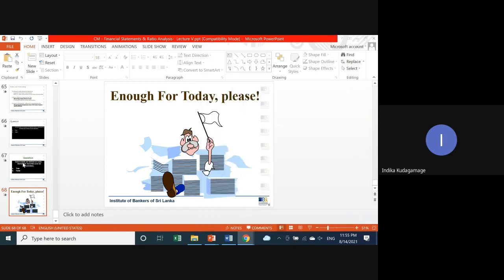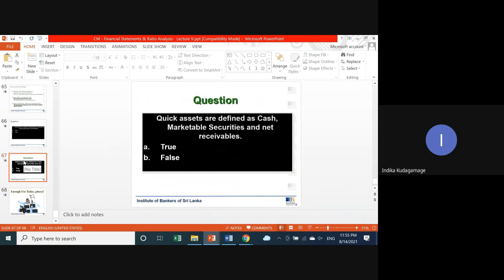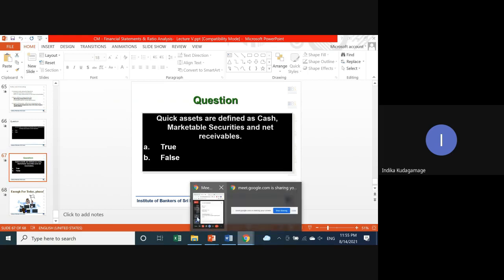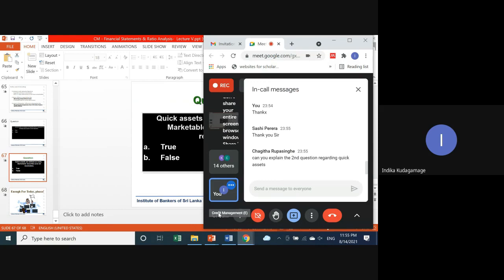Quick assets. This one, quick assets are defined as cash, marketable securities, and receivables. Right? I told you quick assets.